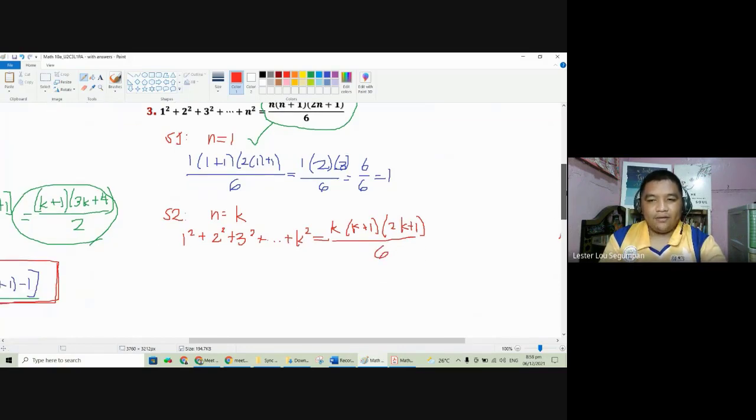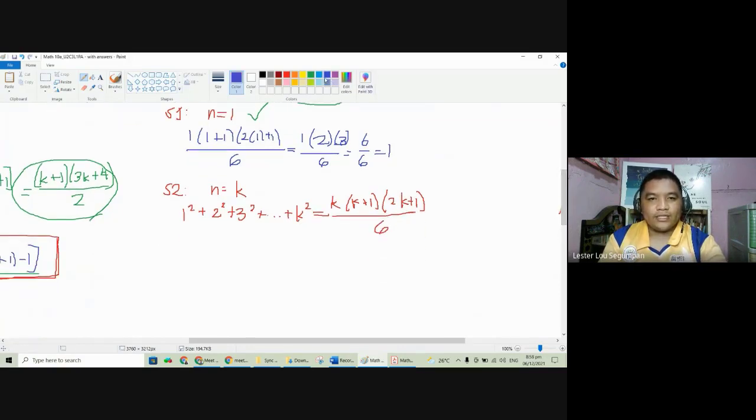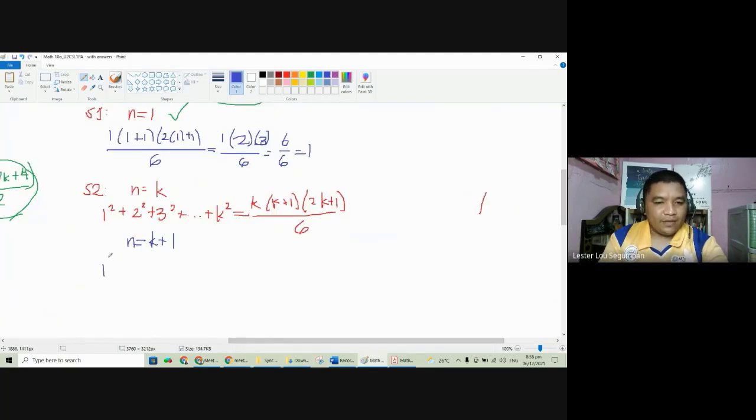Okay, now let us show what needs to be proven. If we are going to have n is equal to k plus 1, it means we'll have here 1 squared plus 2 squared plus 3 squared plus dot dot dot plus k squared. And now it's an exponentiation, so it will become k plus 1 squared, meaning the k here will be changed to k plus 1.